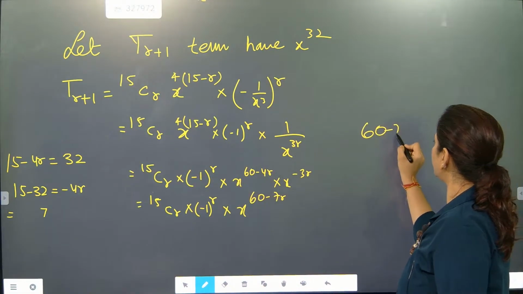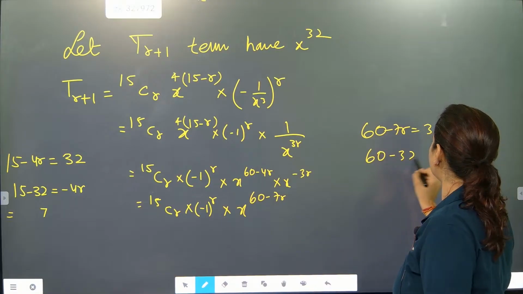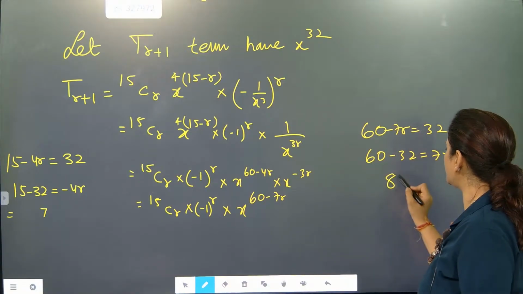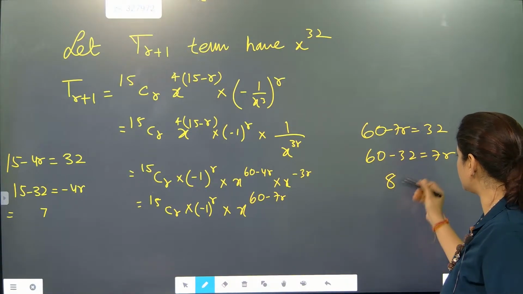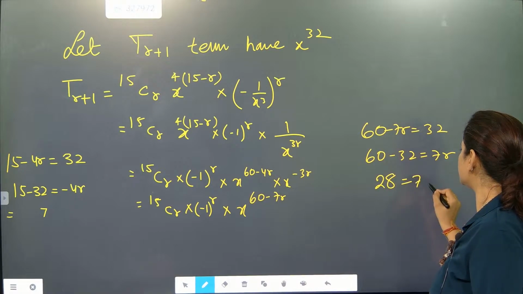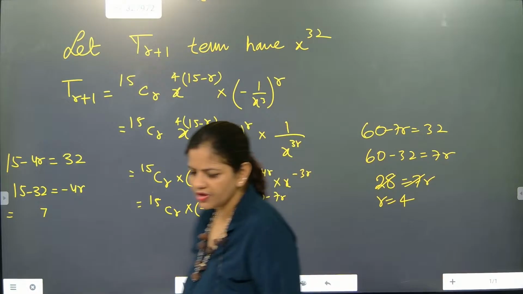So 60 minus 7r is equal to 32. So 60 minus 32 is equal to 7r, that is 28 equals 7r. So r must be equal to 4.